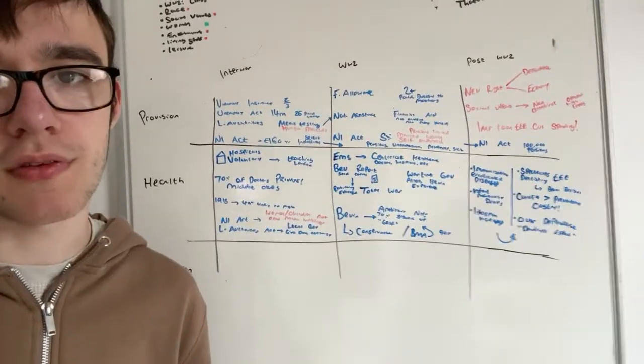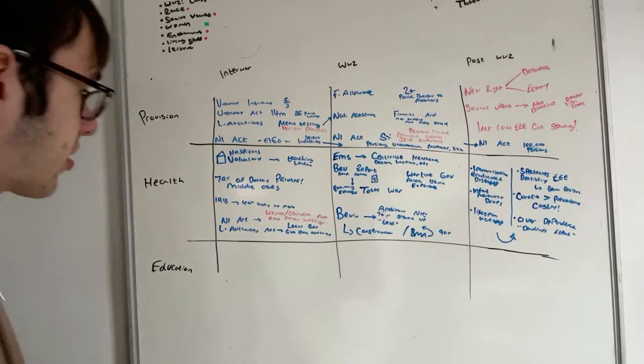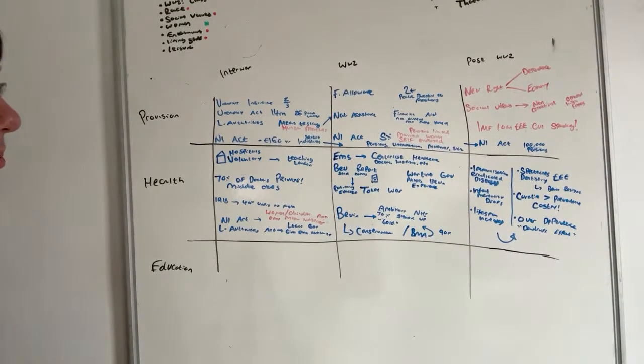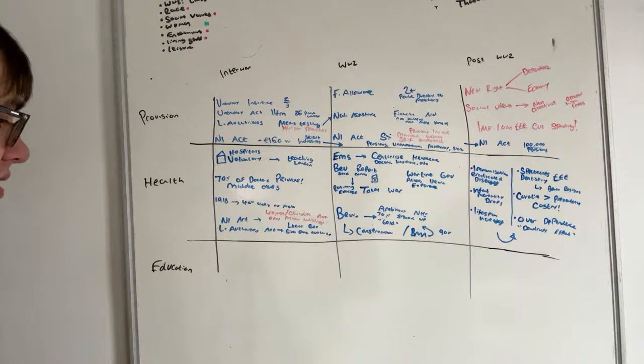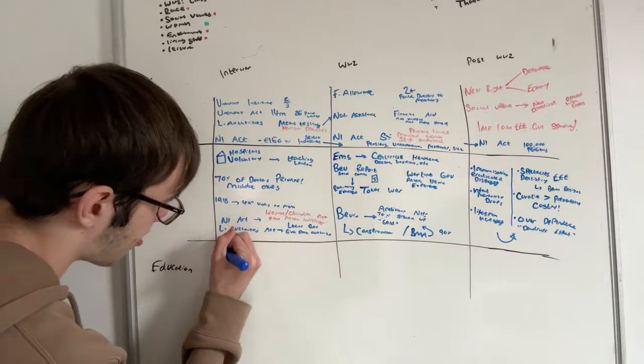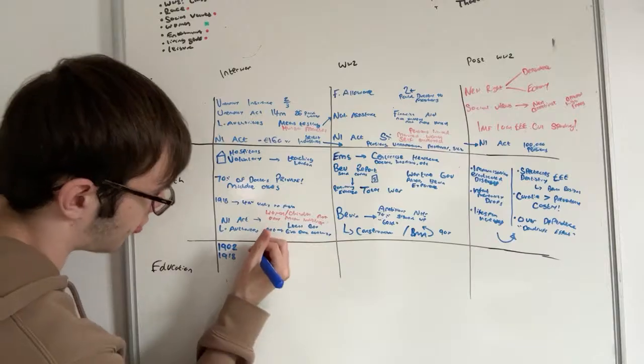I'm gonna have to speed this up a tad now. Now we move on to education. Now education is arguably the easiest, but there is a slight overlap between education and university education. So let's look at this. Firstly is the 1902 and 1918 Education Act.